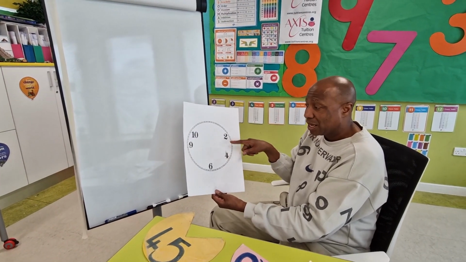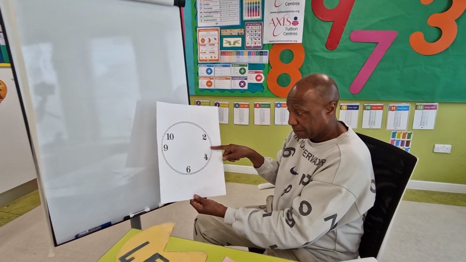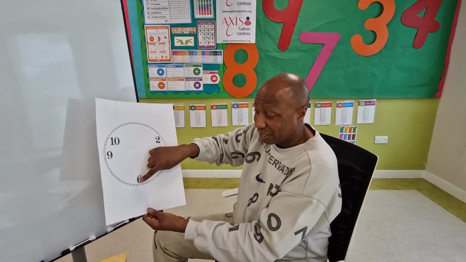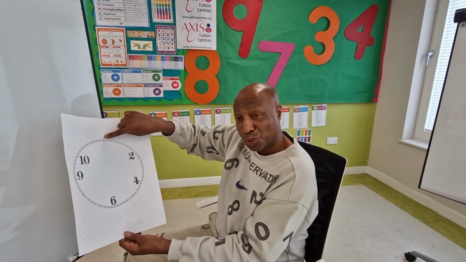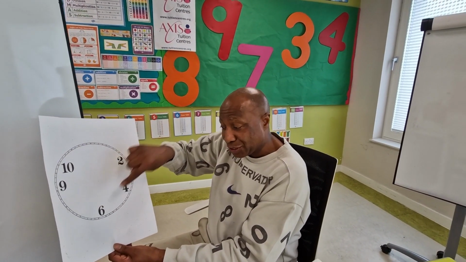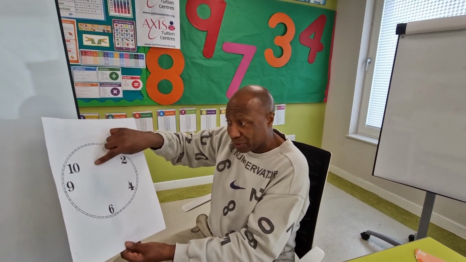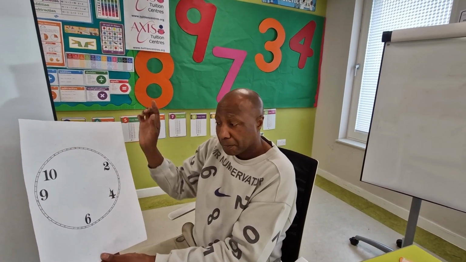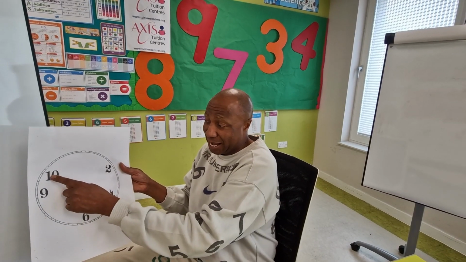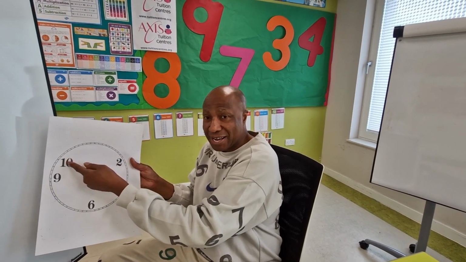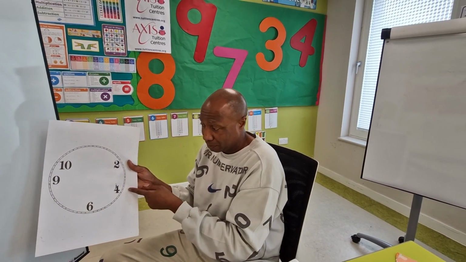Horizontally opposite the 9 is the 3. Vertically opposite the 6 is the 12. It's got to be literally directly opposite the 6. And then where you've got the 10 is diagonally opposite the 4.